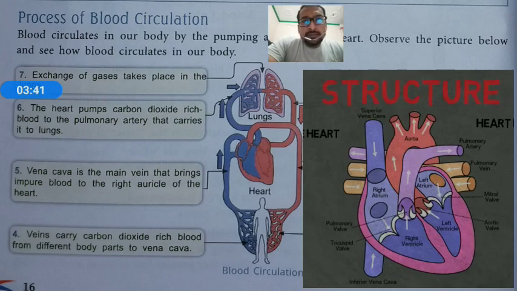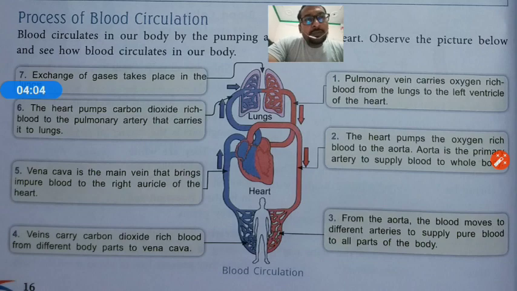See point number 6, the heart pumps carbon dioxide-rich blood to the pulmonary artery that carries it to the lungs. And finally in number 7 you will see that exchange of gases takes place in our lungs, normally through breathing.